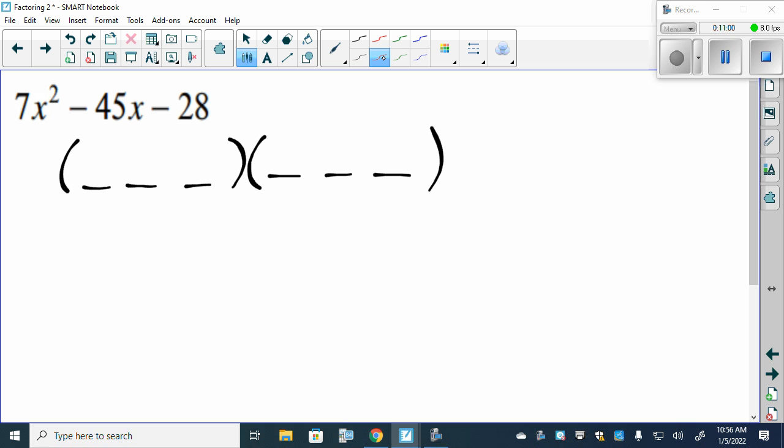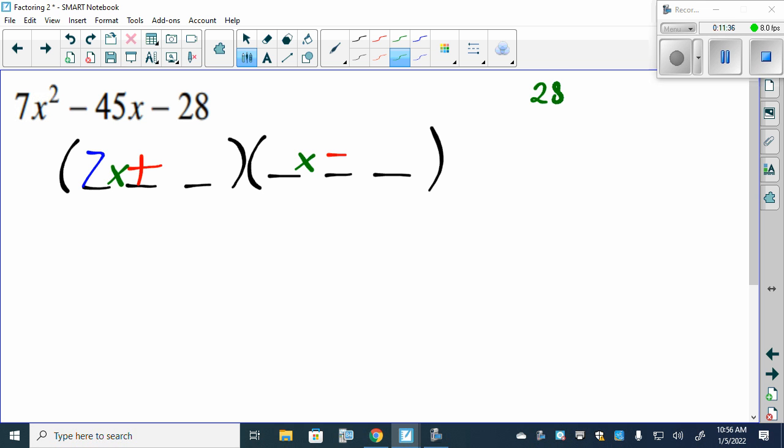Now, when we look at negative 28, since the third term is negative, the signs are opposite. Really doesn't matter which one we put first. I just have a habit of putting plus first. Now we need to look at the factors of 7x squared and 28. Well, for 7x squared, the factors of x squared are x and x, and the factors of 7 are 7 and 1.